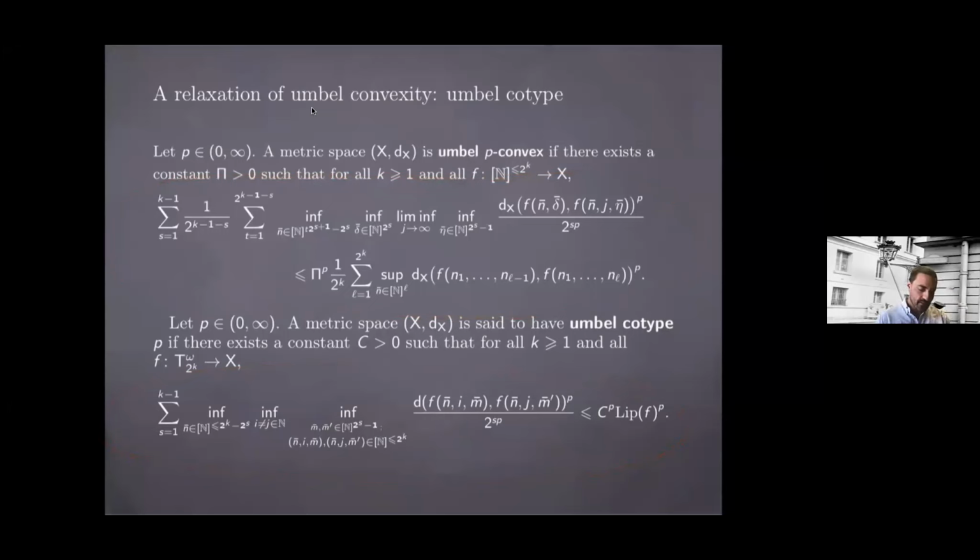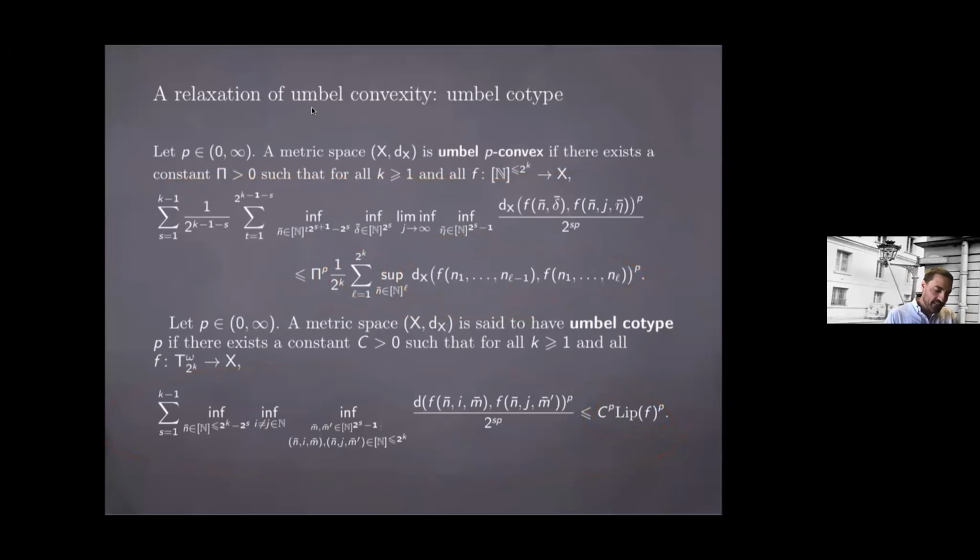It's weaker because, first, on the right-hand side, I have the Lipschitz constant of F. And this is clearly less than the Lipschitz constant of F because this is less than the Lipschitz constant. And then you take an average. Okay, so this quantity is obviously weaker than this one. I mean, stronger than this one.